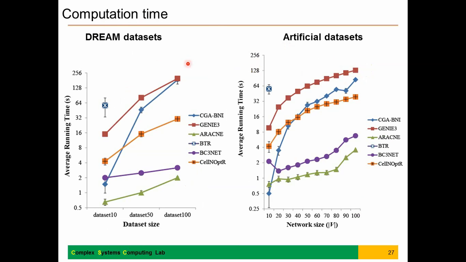About computation time, in the gene dataset and artificial dataset, our method did not show the smallest running time, but it had an acceptable running time, and it can be conducted in a real-time application.